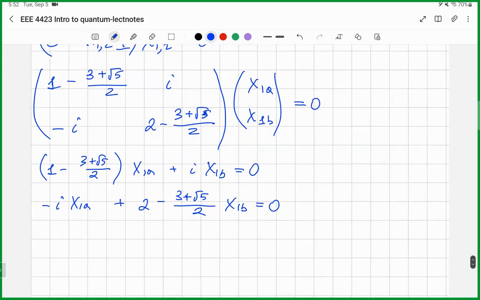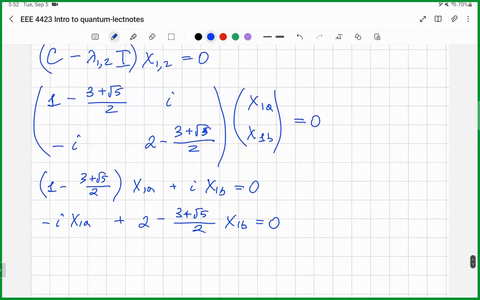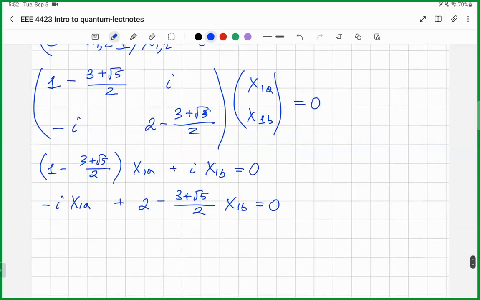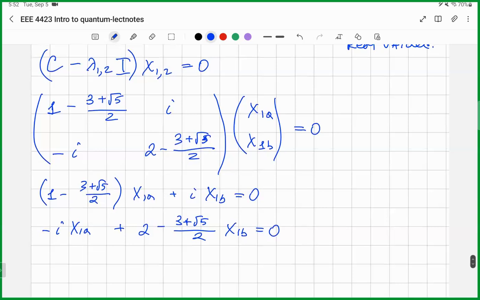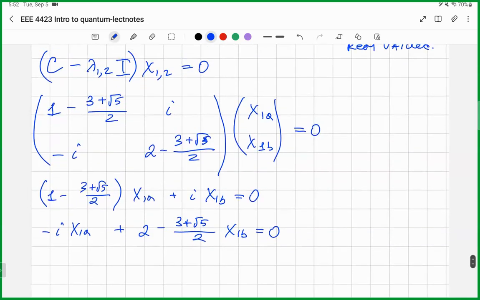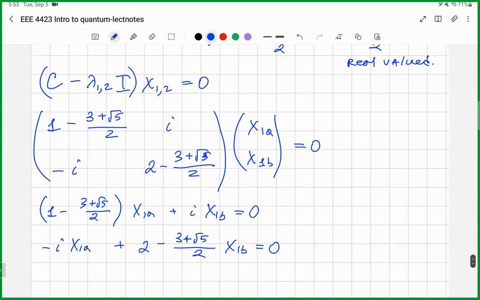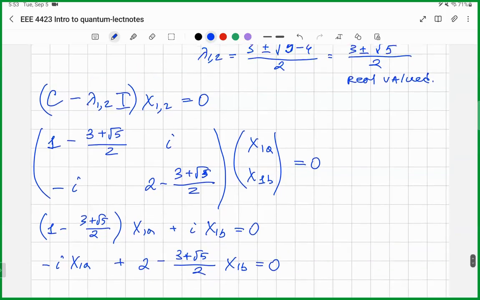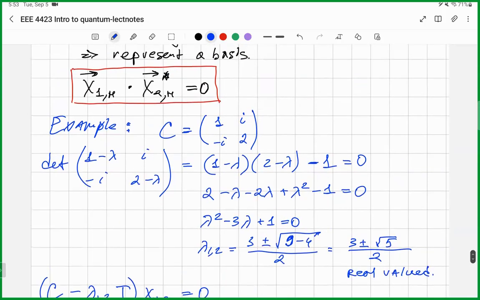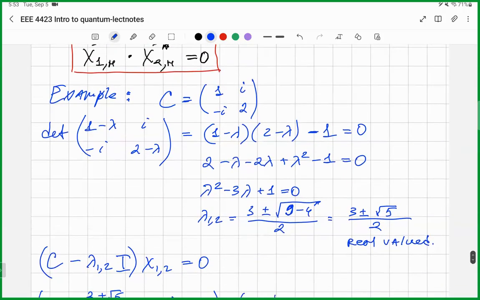I don't like that these equations become so big, so it would probably be too difficult to show analytically that the vectors are orthogonal, because then we will have to take the inner product.